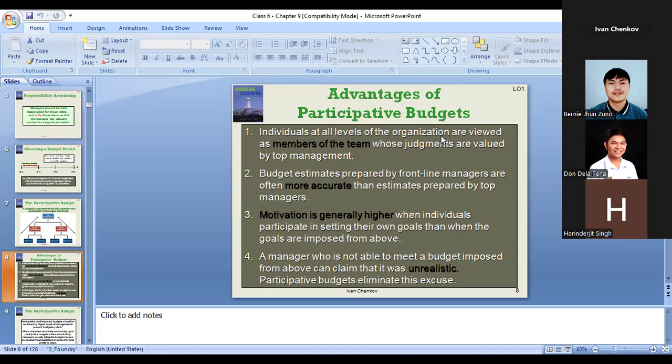The next one is that when we ask people to participate in the budget, that increases the motivation. And the last one is that managers who are not able to meet the budget, when they were the ones who prepared it, cannot find excuses for not meeting the budget.